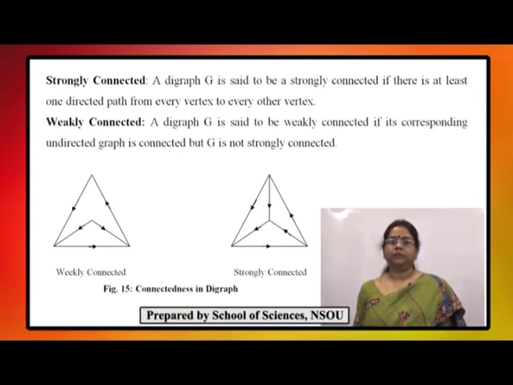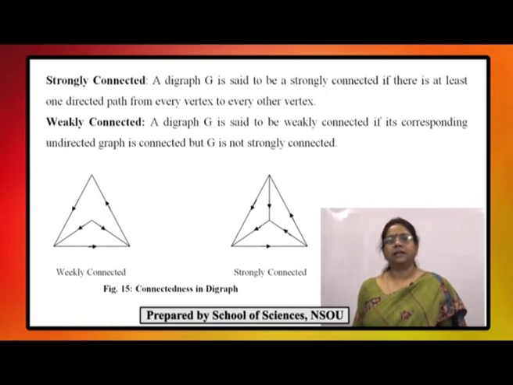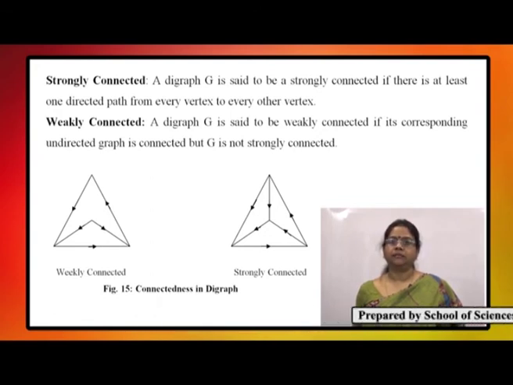So, between any pair of vertices, there must be at least one directed path. Then only we can say a digraph to be strongly connected. And if this is not the case, but its underlying graph is a connected graph, then obviously there must be some semi-paths between every pair of vertices, then it is called a weakly connected graph.